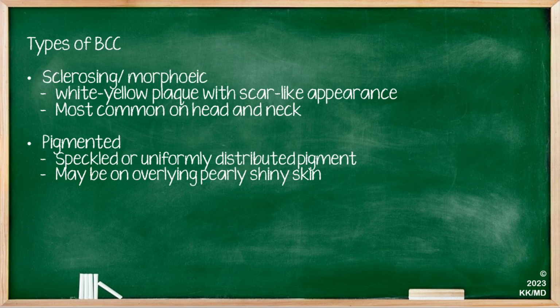The third type of BCC is the morphoeic or sclerosing type, which has a white-yellow plaque with a scar-like appearance and most commonly affects the head and neck. And the final type of BCC is the pigmented type, which causes speckled or uniformly distributed pigments and may have an overlying pearly shiny skin.